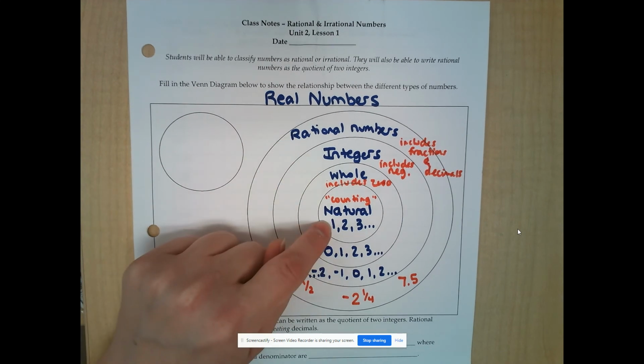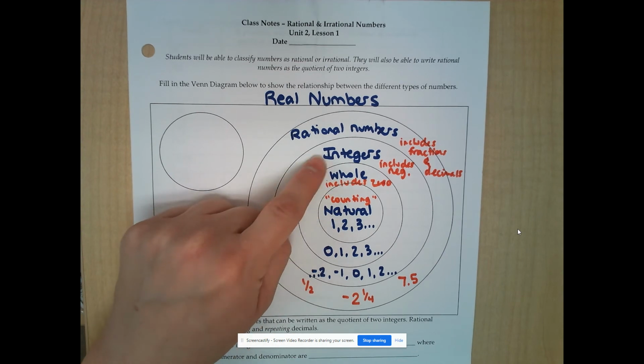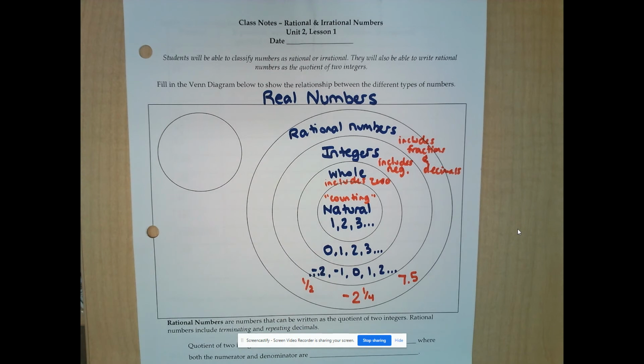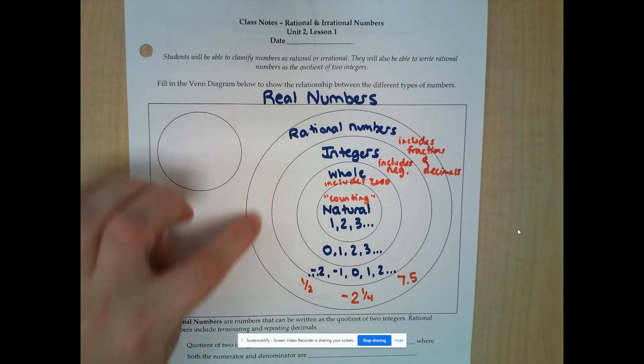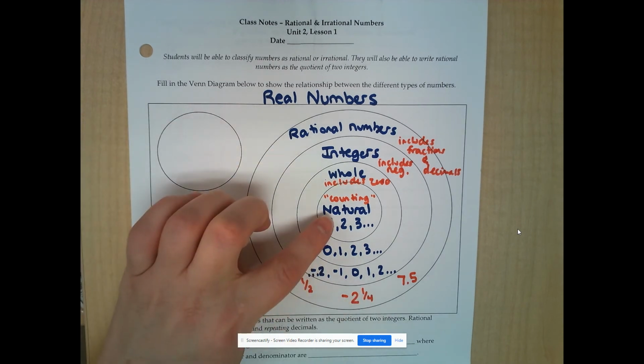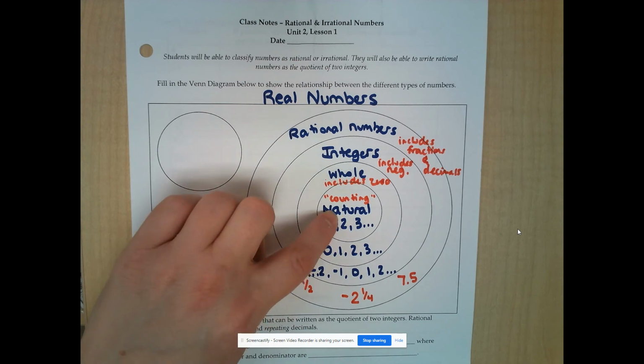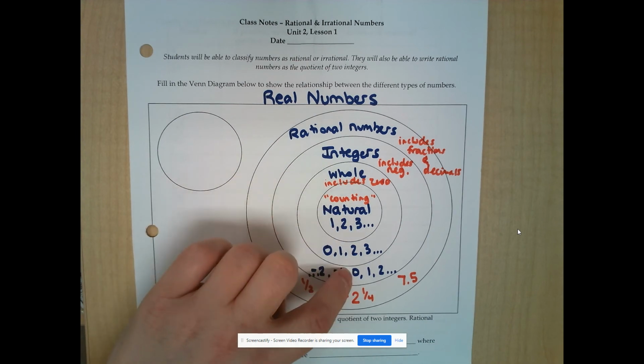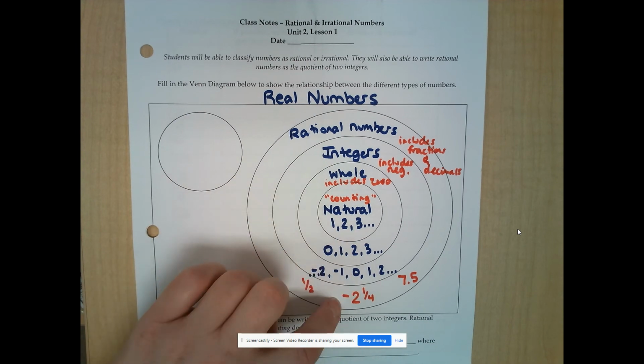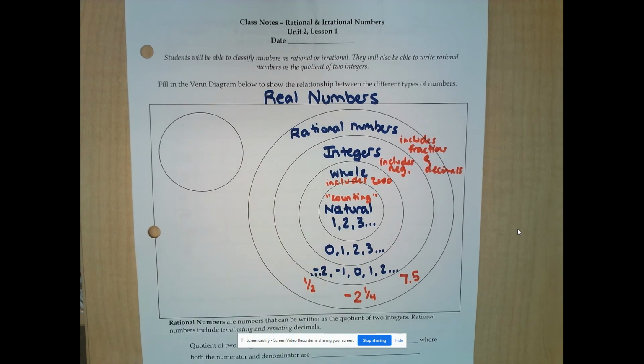But since 1, 2, 3 are the counting numbers, the best name for them is natural, but they also happen to be whole numbers and integers and rational numbers. At rational numbers, though, the ones with the fraction and the decimal, I can't call them natural numbers because they have fractions and decimals, which means they don't fit in those categories. The only category they fit in is this outermost ring.